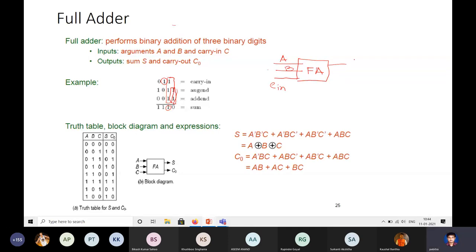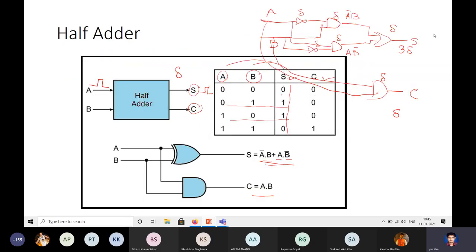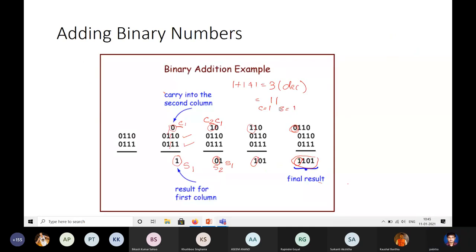The rule that I mentioned in the previous slide, this rule of 1 plus 1 plus 1 is 1, 1, I have written down as a truth table.